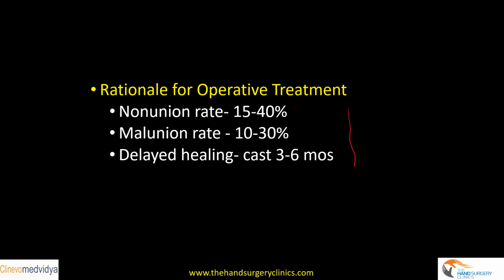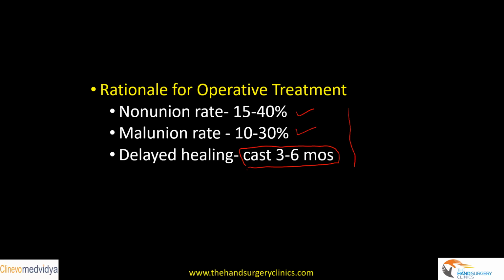Scaphoid fractures are known to have a non-union rate of anywhere between 15 to 40%, a malunion rate of 10 to 30%, and delayed healing even in casts that may be continued for about 6 months. So when you look at these figures, it is easy to understand why we tend to advise surgery to our patients when they present with fractures of the scaphoid.